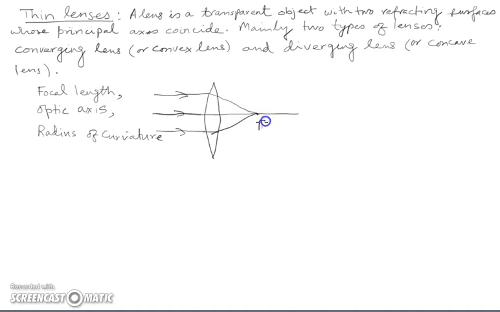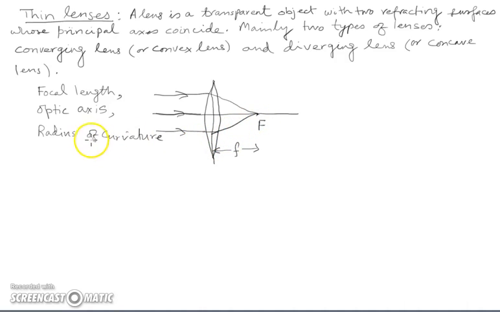This is normally denoted by capital F, and the distance from the middle of the lens to that point is called the focal length, typically denoted by small f, similar to what we talked about for curved mirrors.